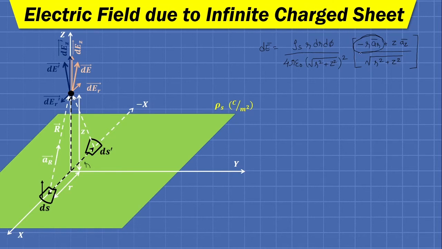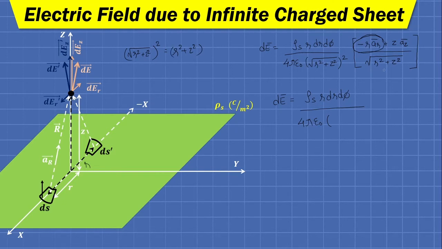So in order to reduce the time and efforts, we are going to utilize the equation rho s r dr d phi whole divided by 4 pi epsilon 0. Here again, now under root r square plus z square whole square is nothing but r square plus z square.